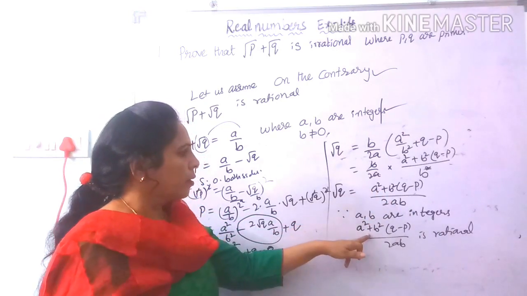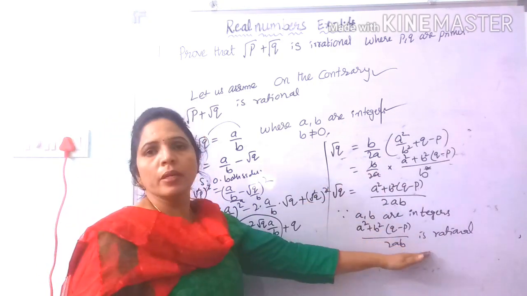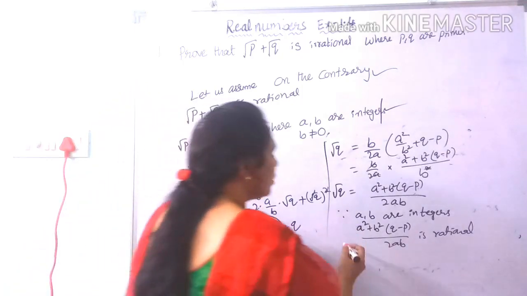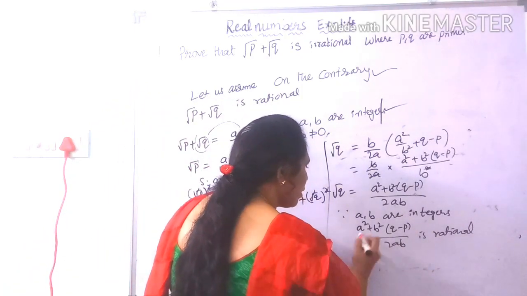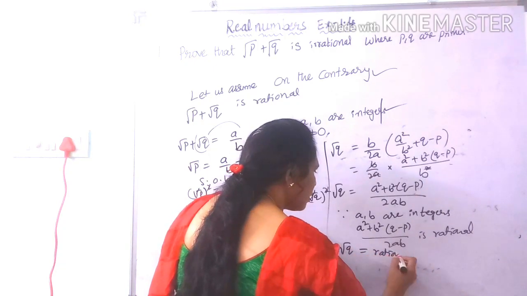So this total is a rational number, since p, q are primes. So root q is equal to rational.